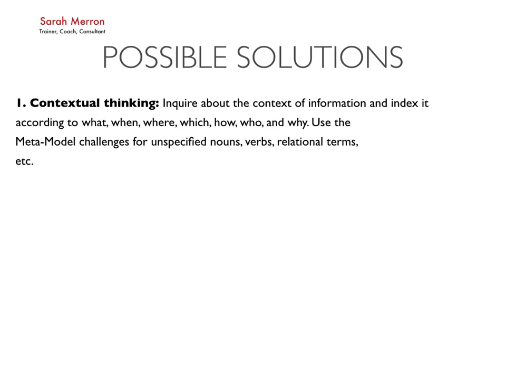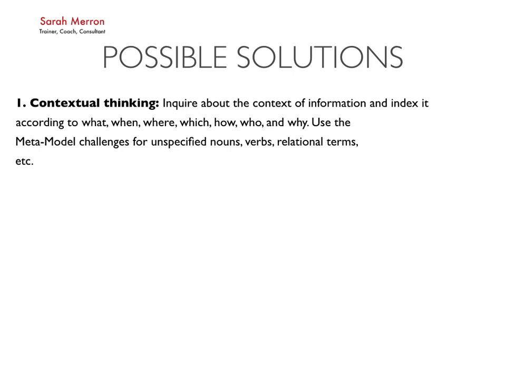So you want all of your 5 W's. And then you want to challenge any unspecified nouns, any verbs, unfreeze any normalizations, and any relational terms, so where one thing means another thing, also challenge that. So this is the first approach, contextual thinking.